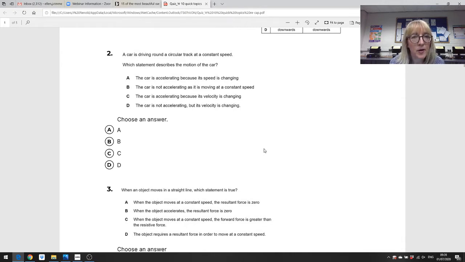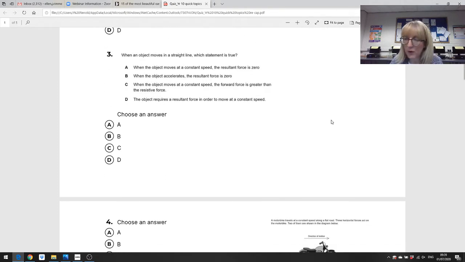If it's going in a circle, the velocity is changing because velocity is speed with a direction. So it's going at a constant speed, but the direction is constantly changing. So the velocity is changing. So for question 2, it's accelerating because the velocity is changing, and that's because the direction is changing. So it's C.